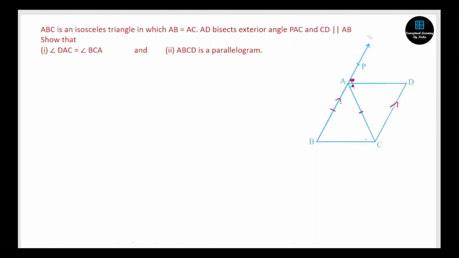Now see. First of all, this is an isosceles triangle. So what can I say? See, angle 1 equals angle 1. Can I say that? Yes, I can. And I can say that angle 2 equals angle 2, because AD is the bisector.